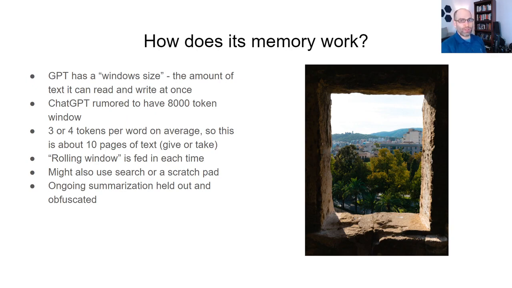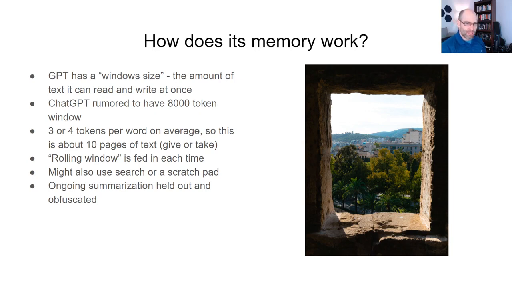So when you think that it's 3 to 4 tokens per word on average, that includes spaces and hyphens and white space, that equates to about 10 pages of text, give or take. Could be 15, depends on what's on the page.